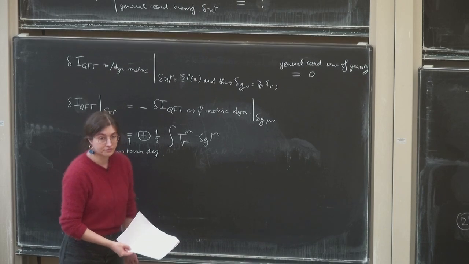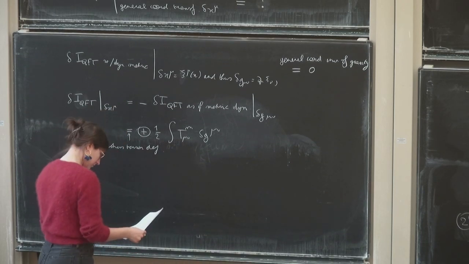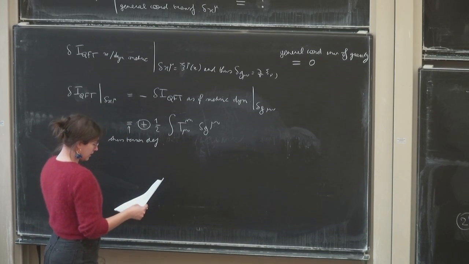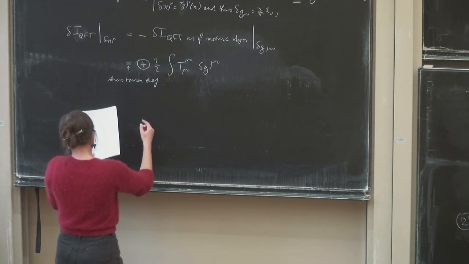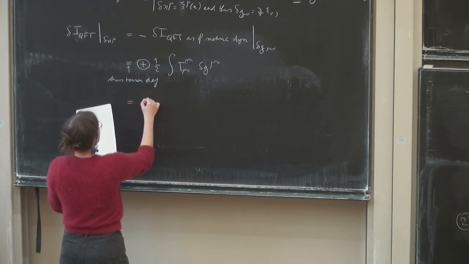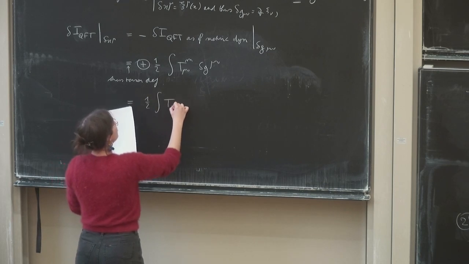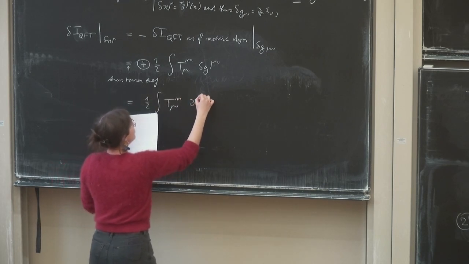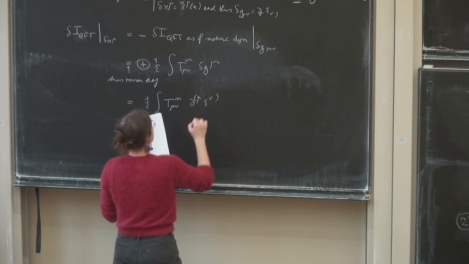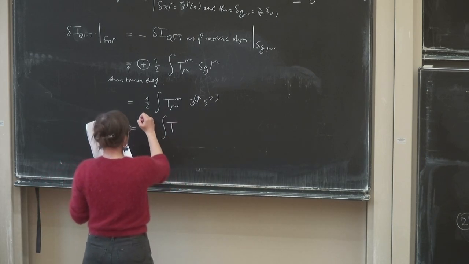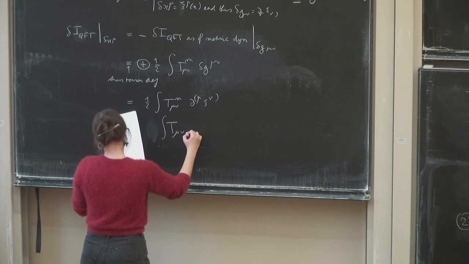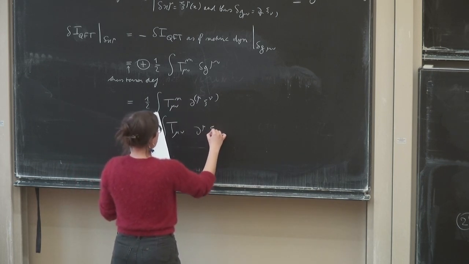Okay, so I can write that as a half T mu nu d mu psi nu.